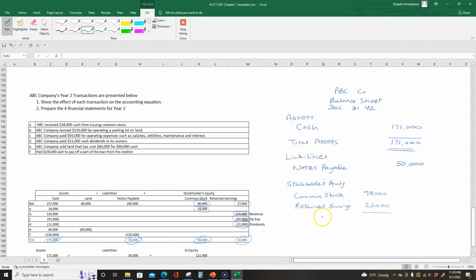That gives you total stockholders' equity, which is equal to 121,000.